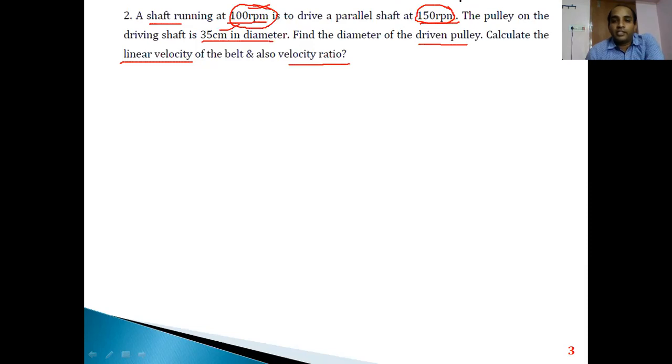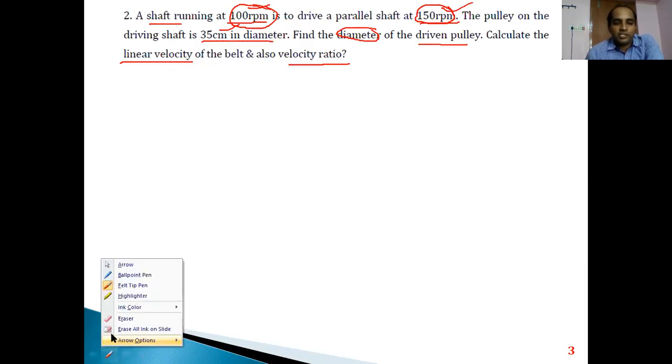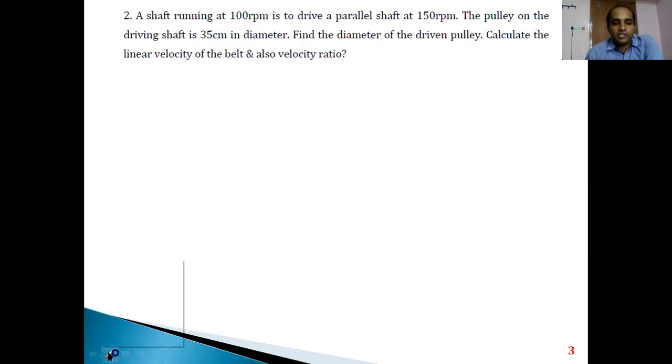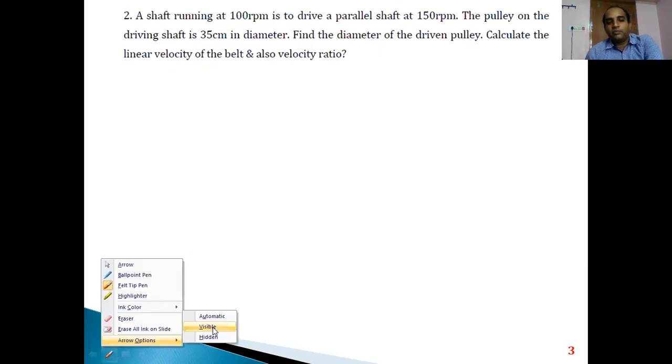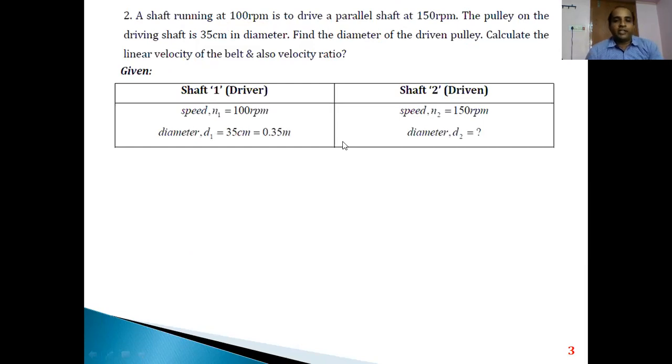With the driven pulley, its rpm is how much? 150 rpm. You need to find out the diameter of this driven pulley, and along with that the velocity ratio as well as linear velocity of the belt. Whatever the conditions are given, take them down and write them in a neat form, that is the given data.